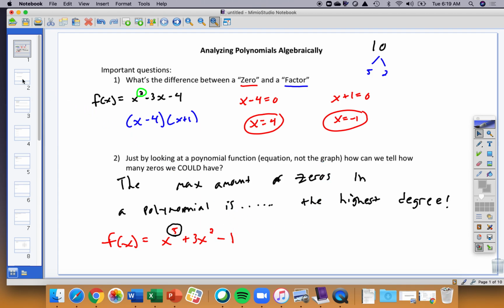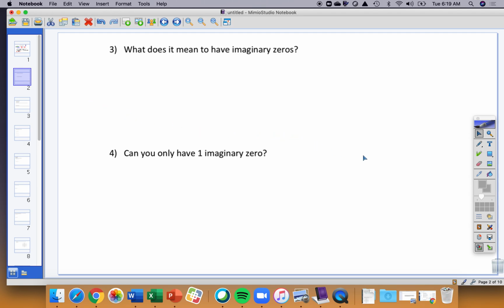Which brings me to imaginary solutions. What does it mean to have imaginary zeros? Imaginary zeros don't show up on a graph. Why? It's because zeros are the x-intercepts.